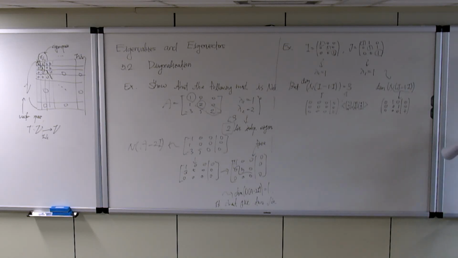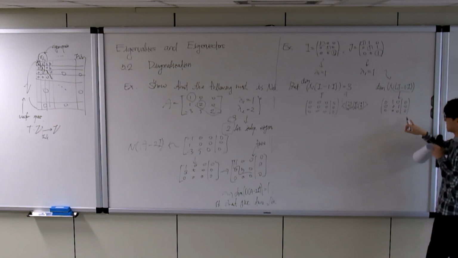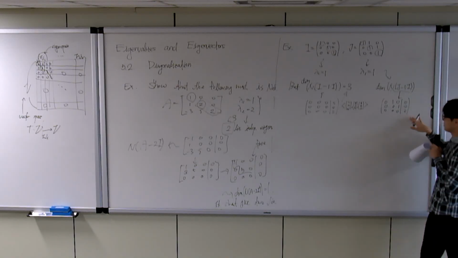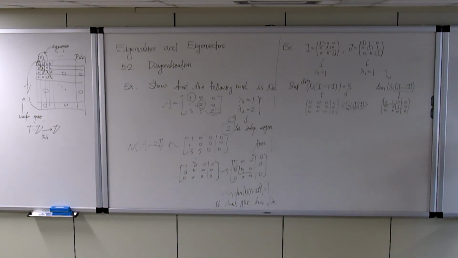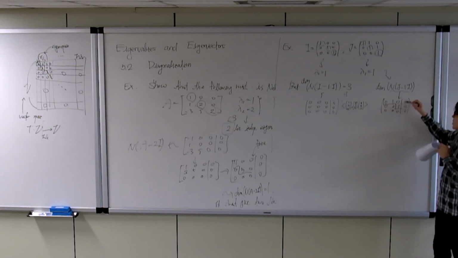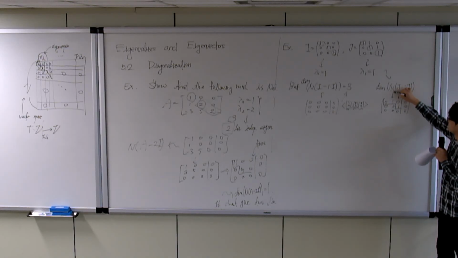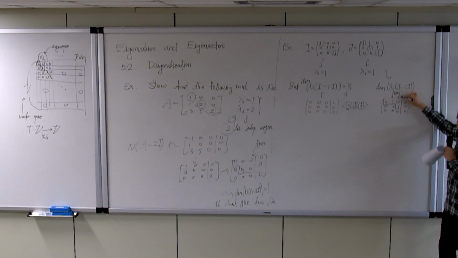The dimension of the null space will be called the geometric multiplicity of lambda.